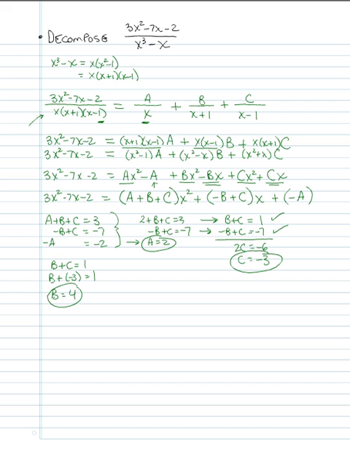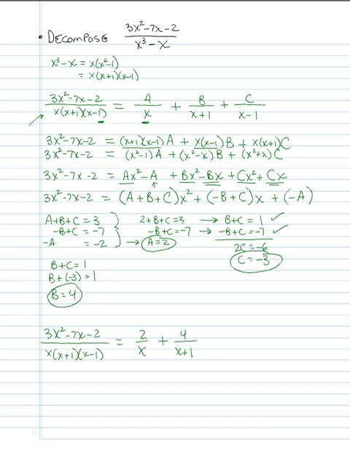And so now we're ready for our decomposition because we know the form and we've found all of the numerators. Just rewrite the original fraction we're decomposing. So we have a over x, and a is 2, so we'll have a 2 over x plus b over x plus 1, and since b is 4, that's 4 over x plus 1.